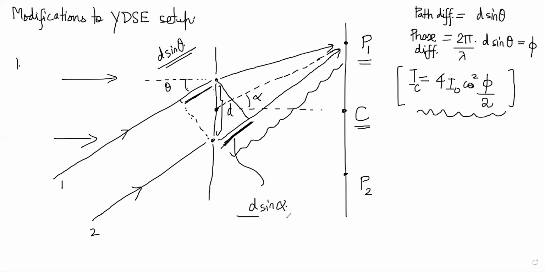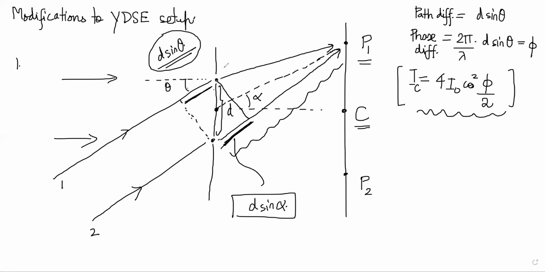So ray 2, the second one, would have had extra path of d sine alpha, and that is how you would have calculated intensity. Same process like this, right? But in this case, the first ray had already covered an extra d sine theta, right?